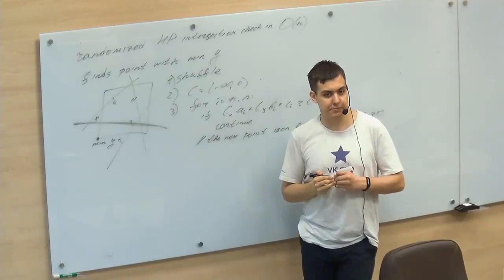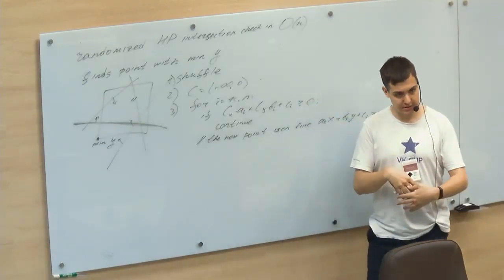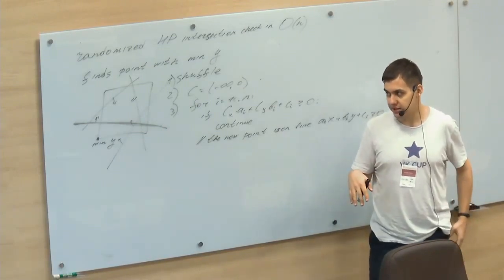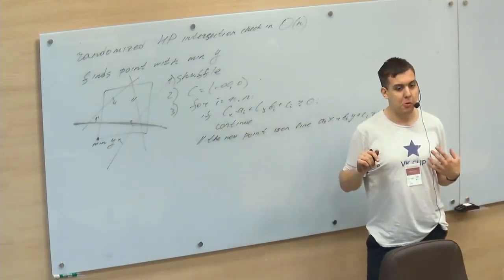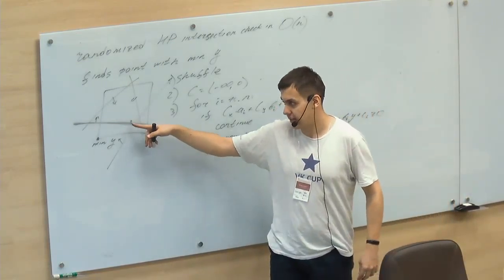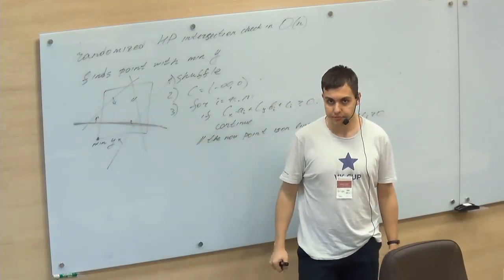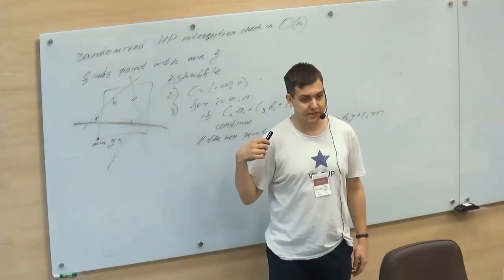Now we would like to find the point with the minimum y coordinate that is on this line and that is inside all previous half planes.